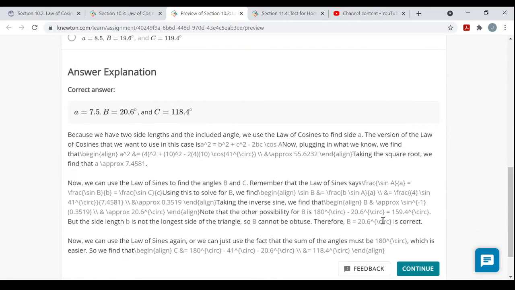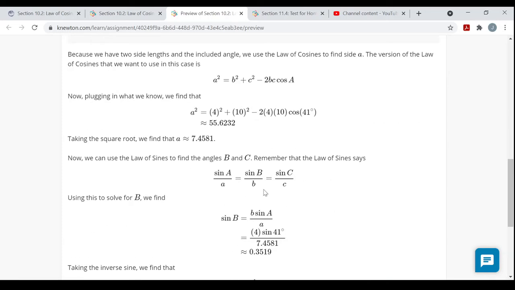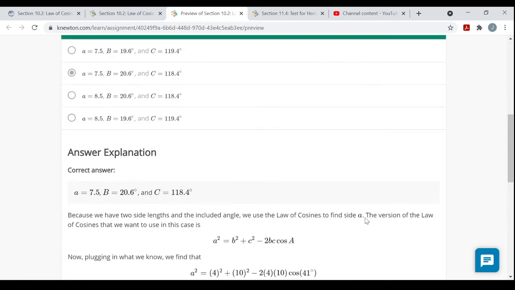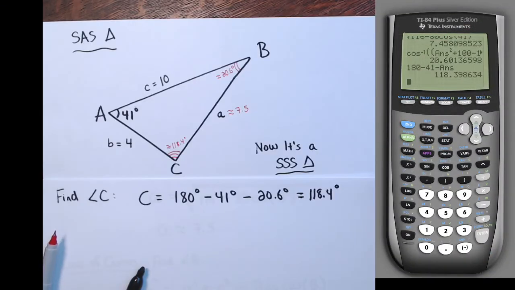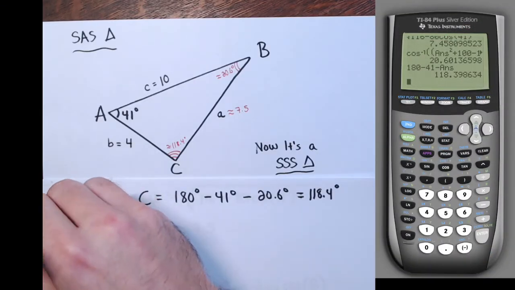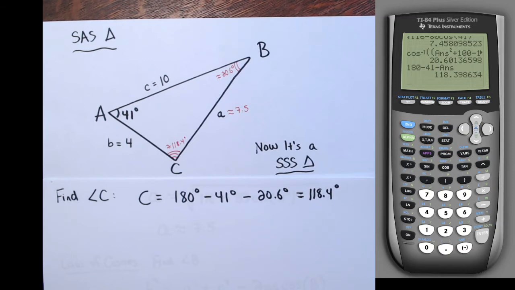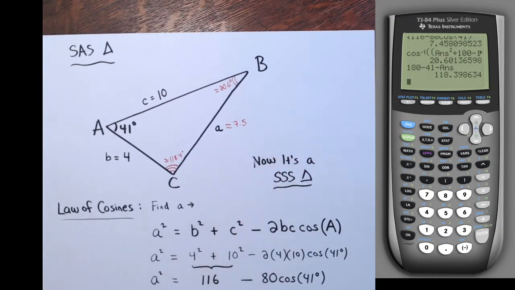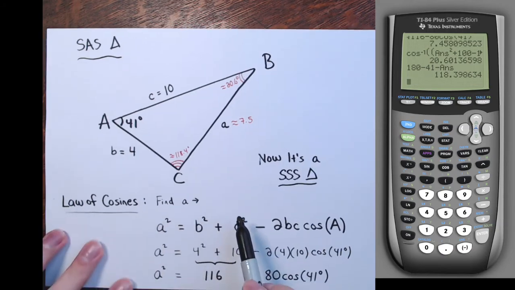Again, they go through all the same calculations I just showed you, but they use the law of sines. Now, I want to tell you to be careful with the law of sines. Let me show you the second way to do this, the way they're showing you. So this is an alternate method. First I use the law of cosines. First I find the side. So I found A using the law of cosines.